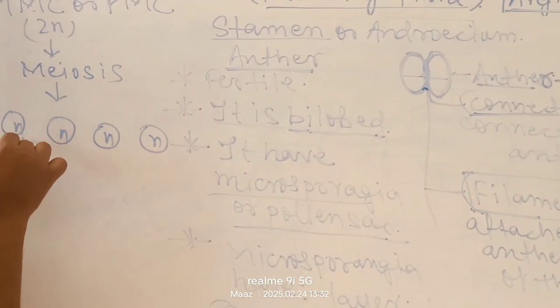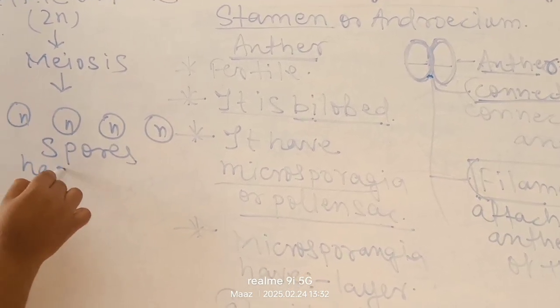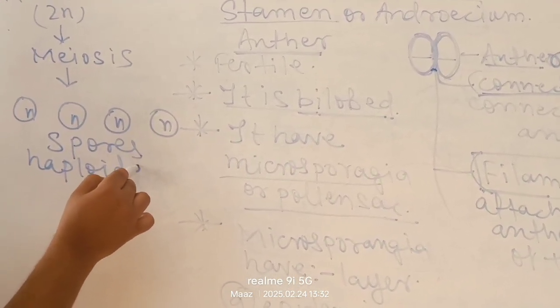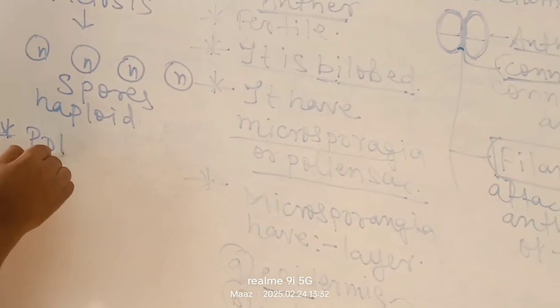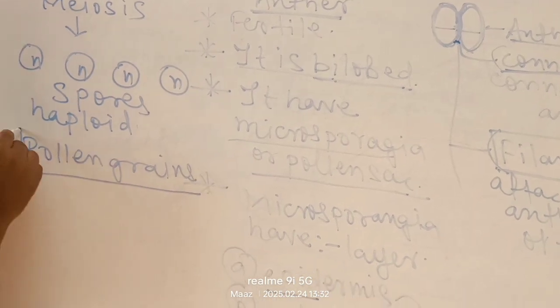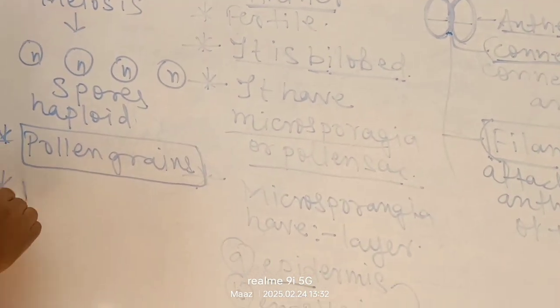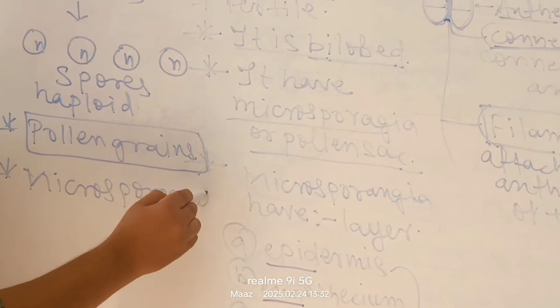They form 4 haploid spores. And these haploid spores are pollen grains, and this whole process is called microsporogenesis.